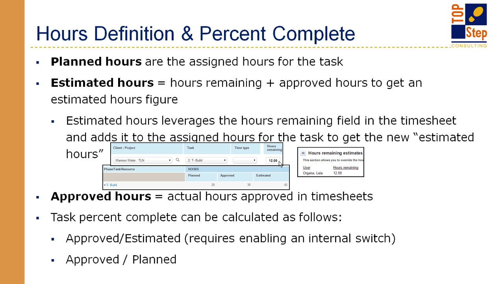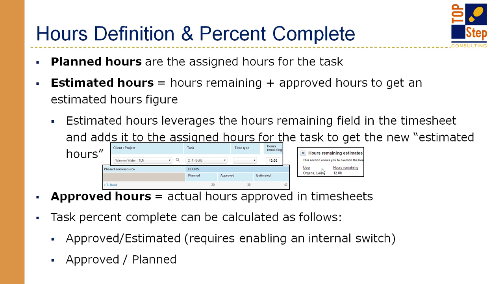So what that then does is the hours remaining, if you have this estimate switch enabled, the hours remaining will be added to your approved hours, and your estimate to complete that task will be your approved hours plus those hours remaining.